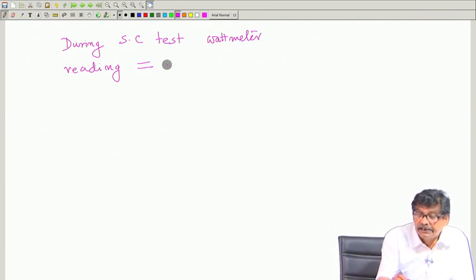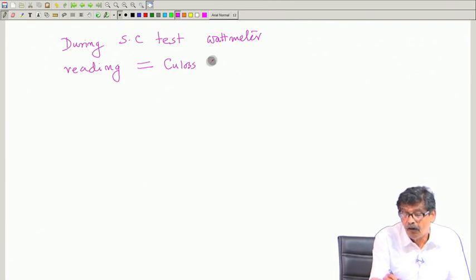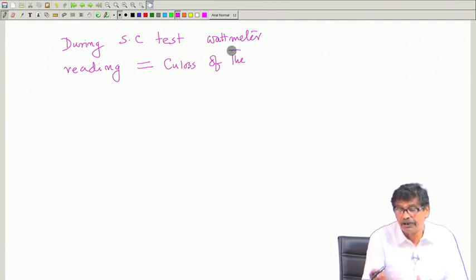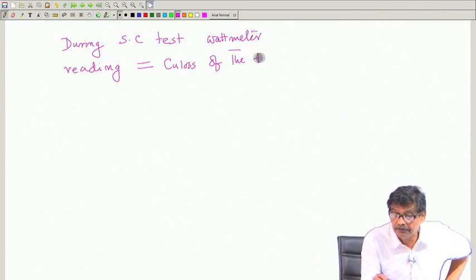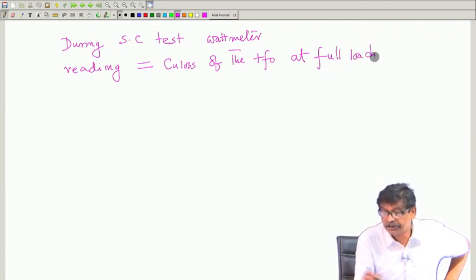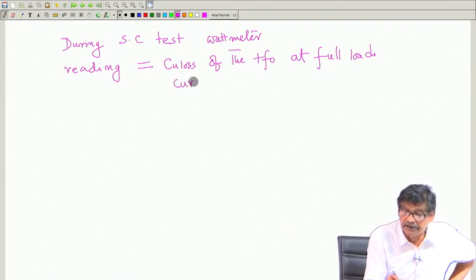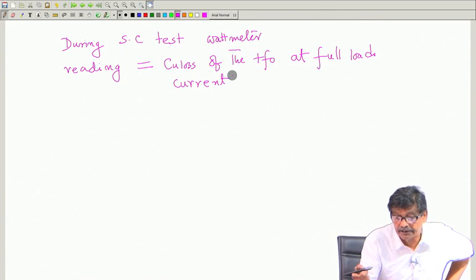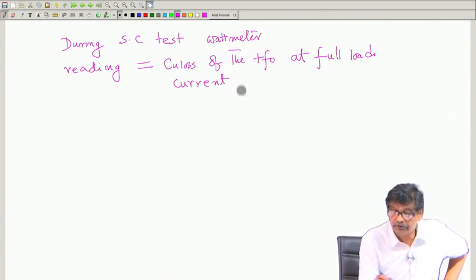It was reading the copper loss of the transformer, that is the winding copper loss at full load current, because during the short circuit test your windings were carrying rated current.